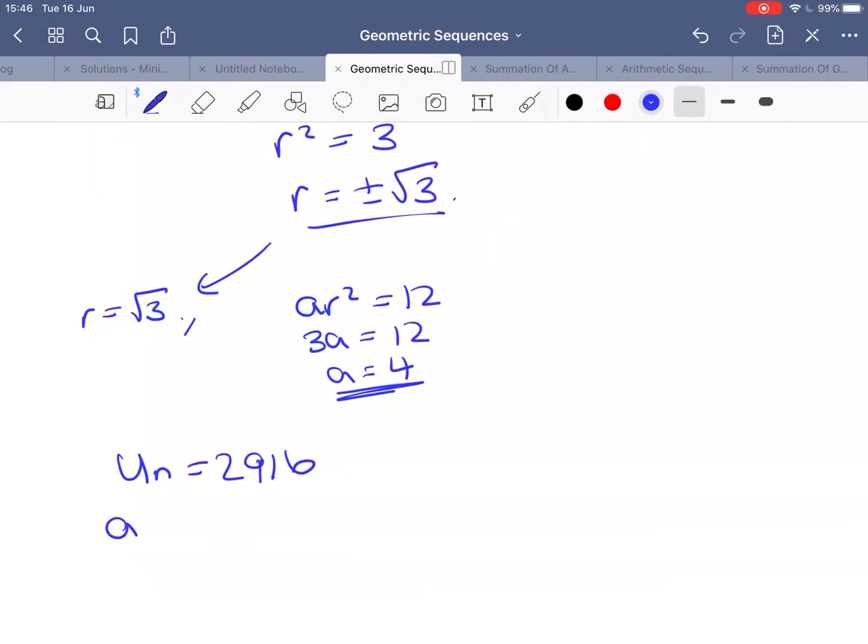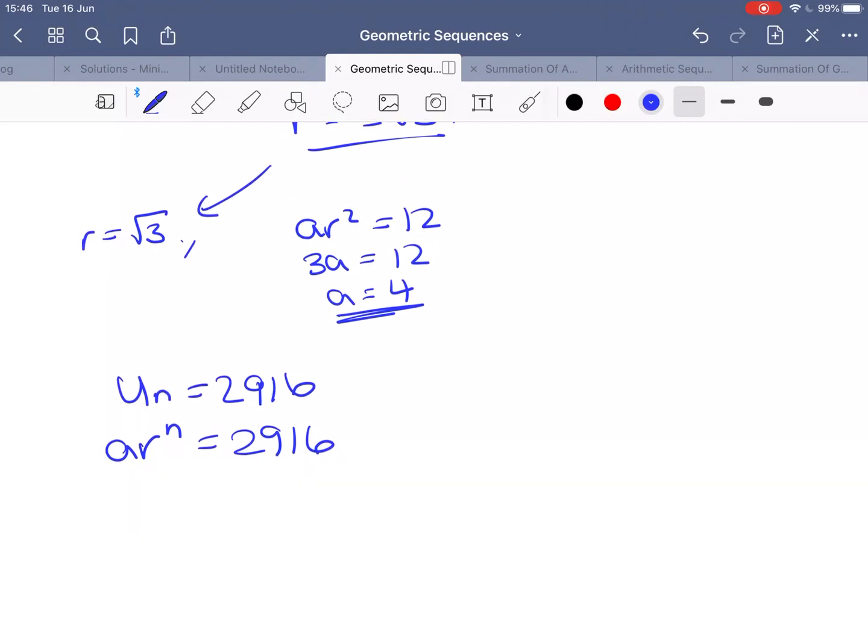Okay, so I want to know which term is equal to 2916. So in other words, ar to the power n equals 2916. So I know my a. 4 times root 3 to the power of n is equal to 2916. How am I going to solve this? Well, looking at it, I'm going to divide by 4 first. So 2916 divided by 4 is 729. So I want to know root 3 to the power of n equals 729.